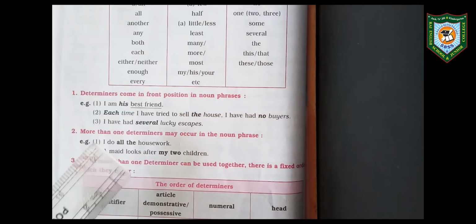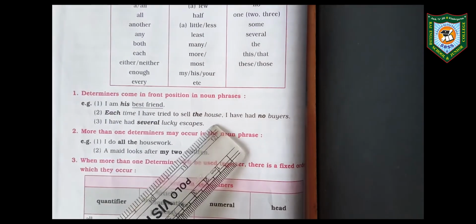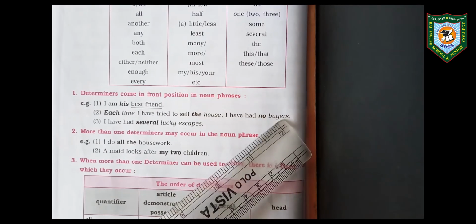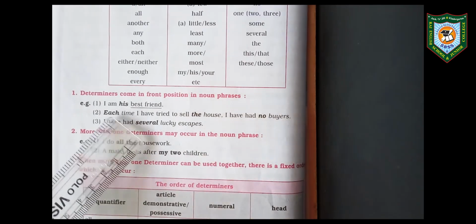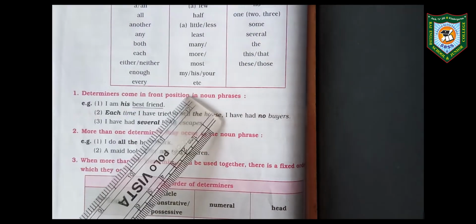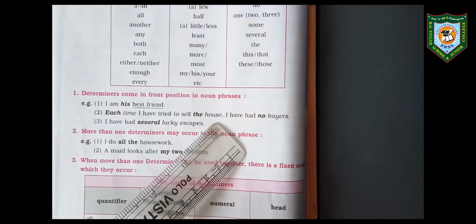In the second sentence, each time I have tried to sell the house, I have had no buyers. In this sentence, each, which is related to, see here in this chart you will come to know that each, okay, we have seen already his, okay, the, no, these are the determiners.